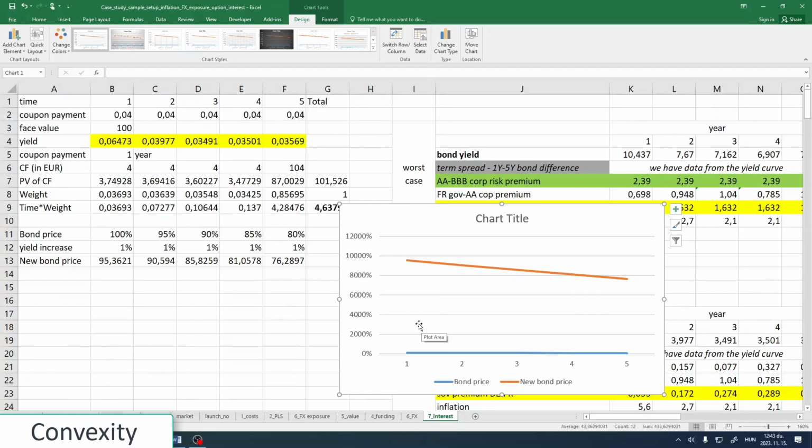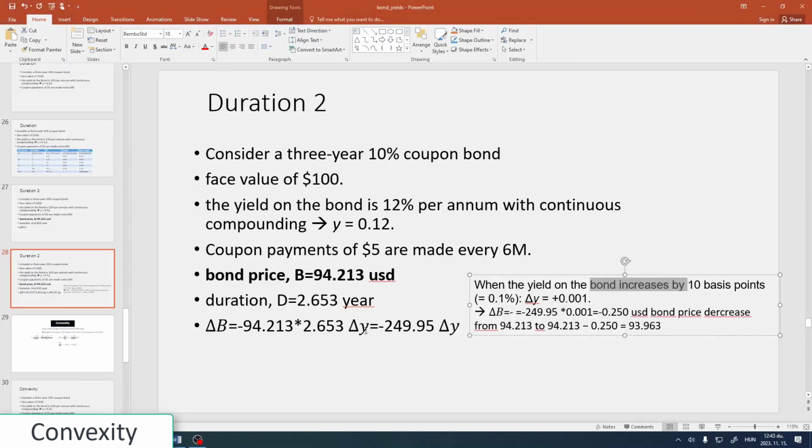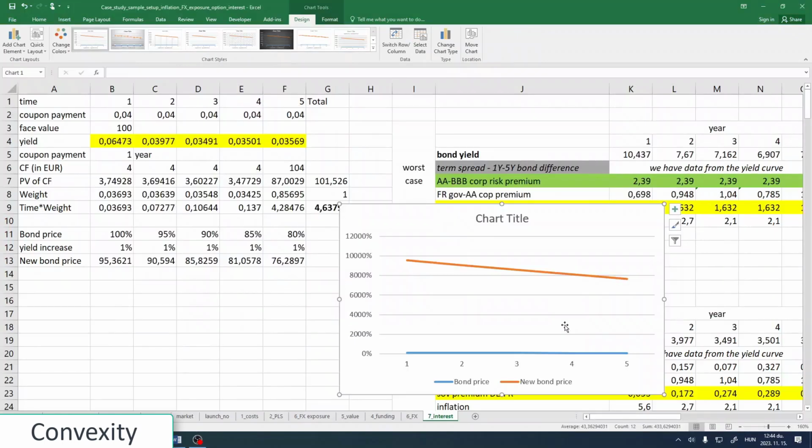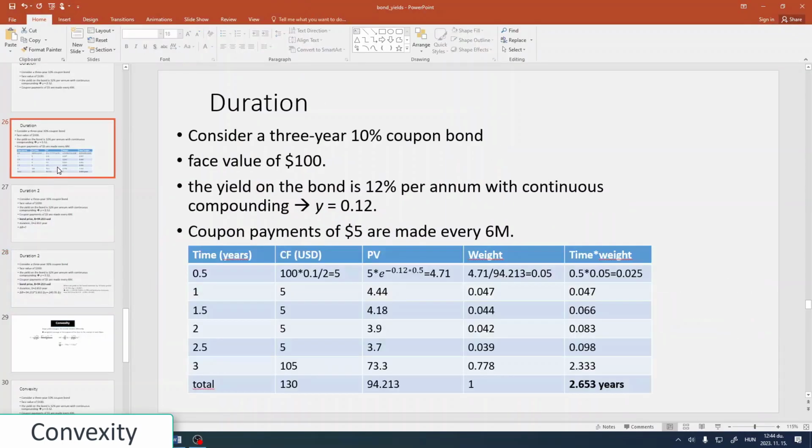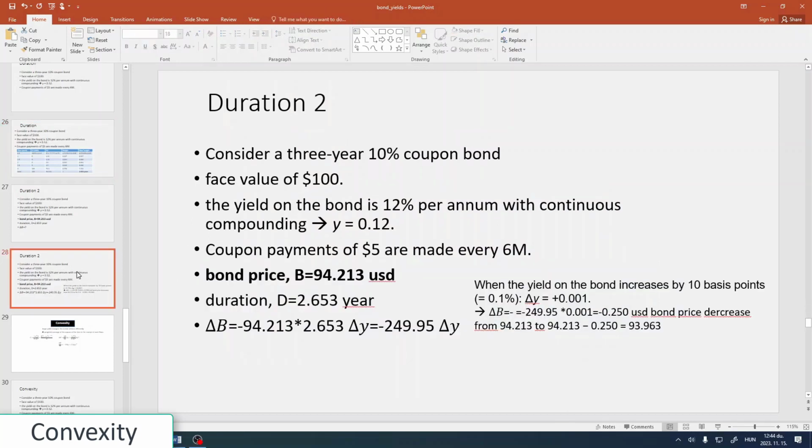Can you go back to the PPT? Yeah. The 94.213 in the table. Yeah. So we were getting this data. So the total value of PV. Yeah, that we used.